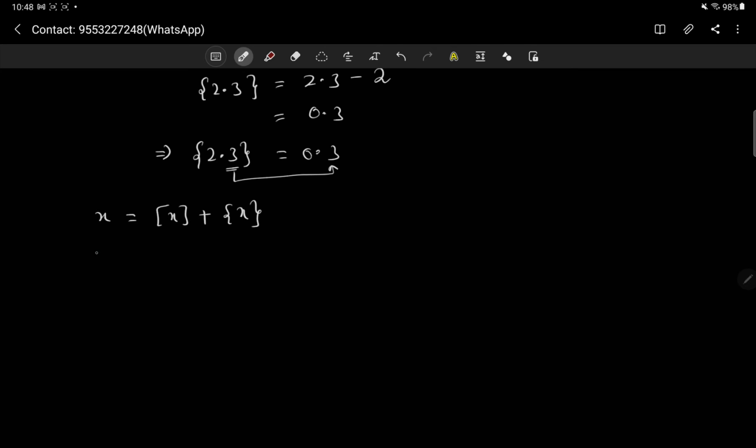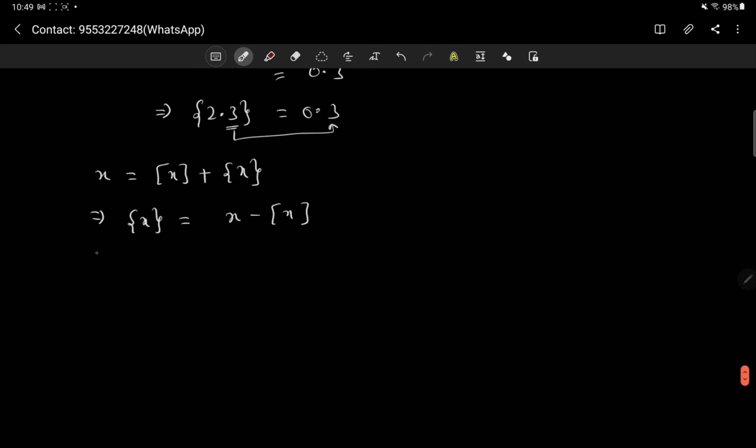Okay, so you see here, now the fractional part can be taken as what? x minus its integer part. Now we are going to get the fractional part of minus 2.3. The fractional part of minus 2.3 is not minus 0.3. Okay, for any number, the fractional part will be a positive number only, not a negative number. You see here, anyway, in place of x, we are writing minus 2.3 on both sides.